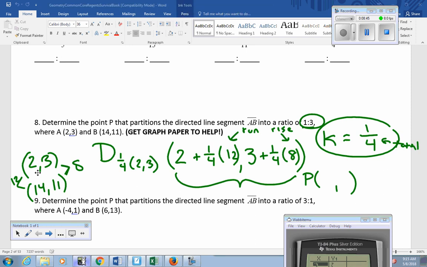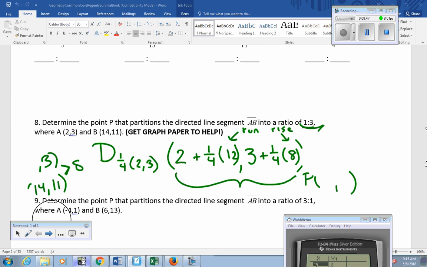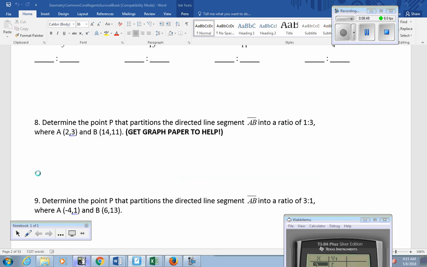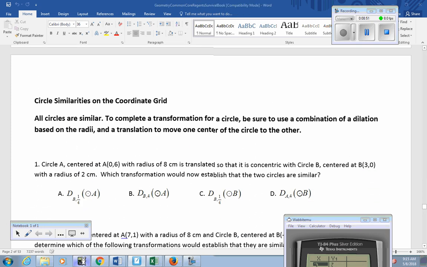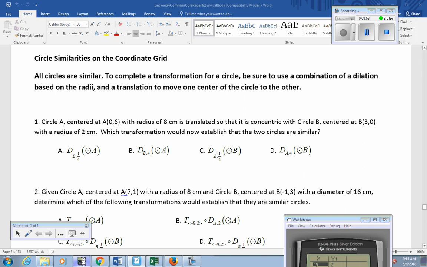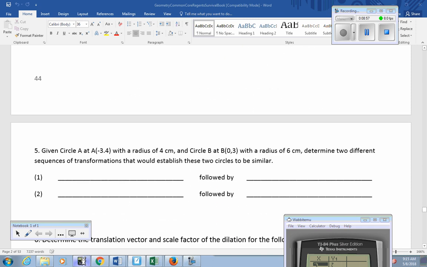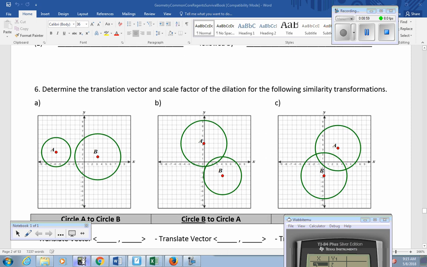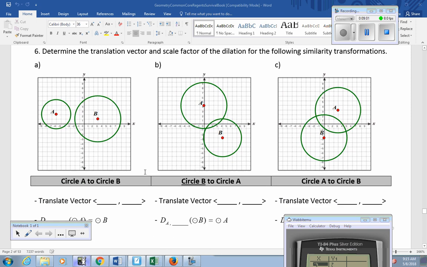So, moving on from there. Talk about circle similarities. Now I'm going to illustrate this one with one of the questions that comes with a graph. So we're going to do 6A.